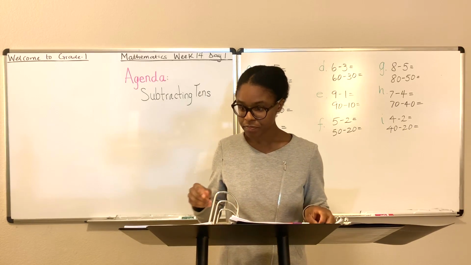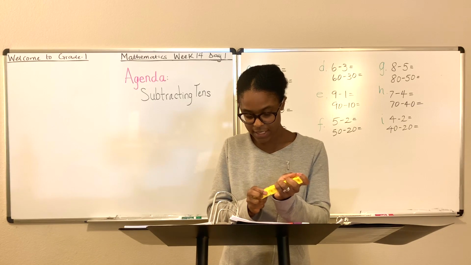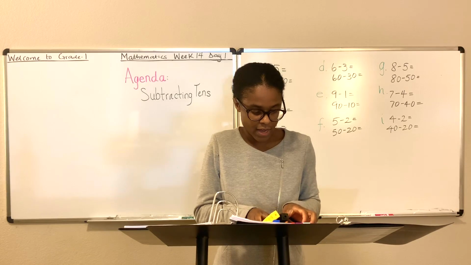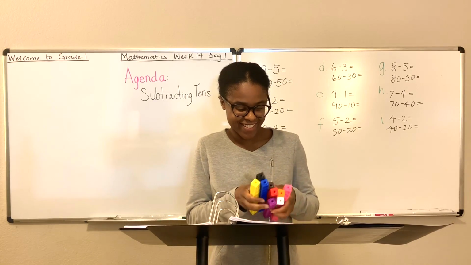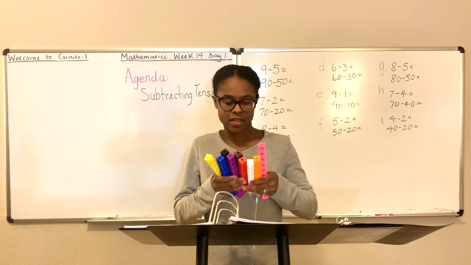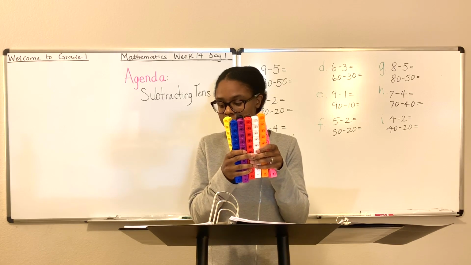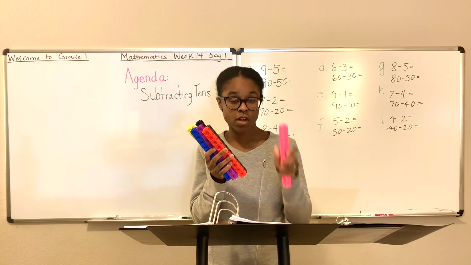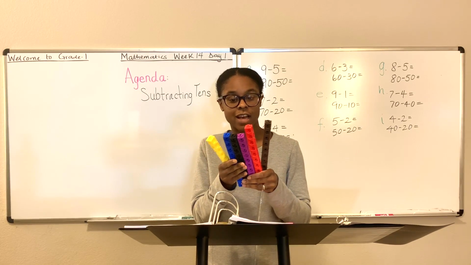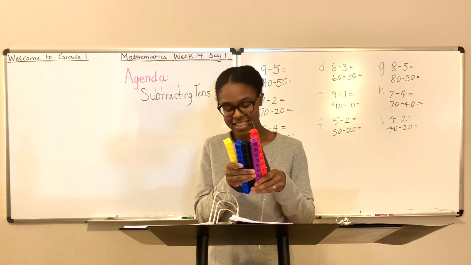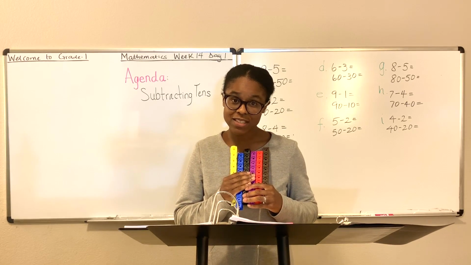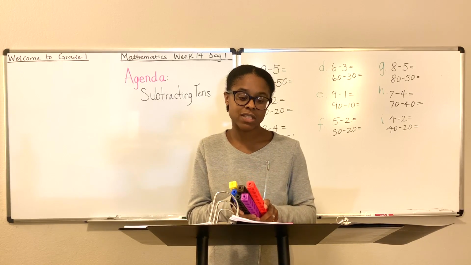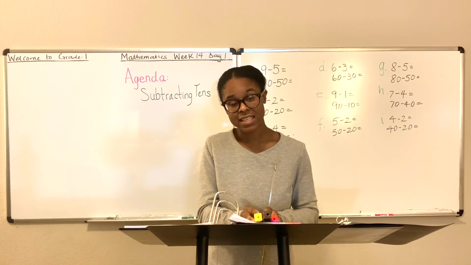In the same way, if we have 9 sets of tens, 9 tens, and if we remove 3 from this group, 1, 2, 3, we will have how many remaining? 6, exactly the same way. 9 minus 3 cubes is 6. 9 tens minus 3 tens is also 6. 9 tens is 90.